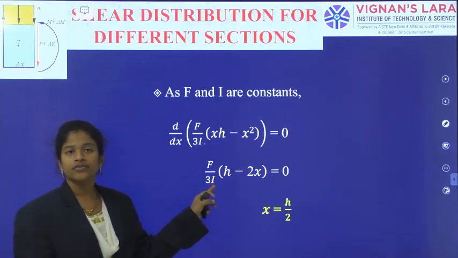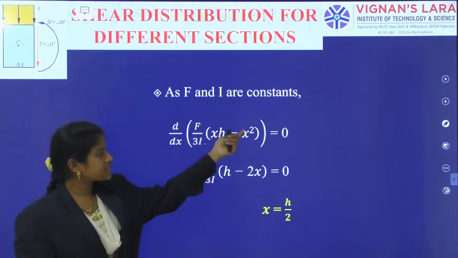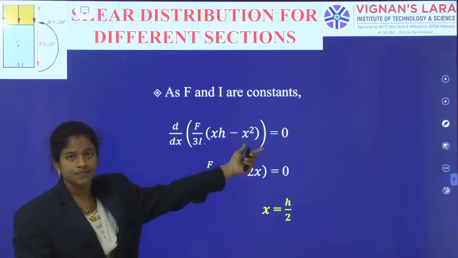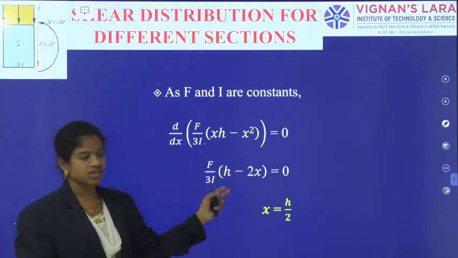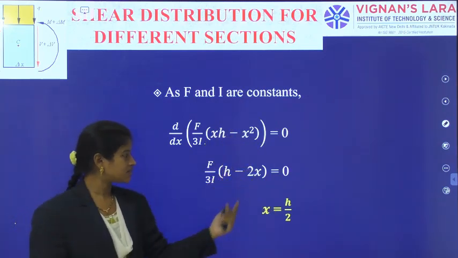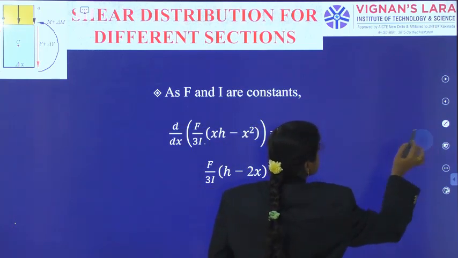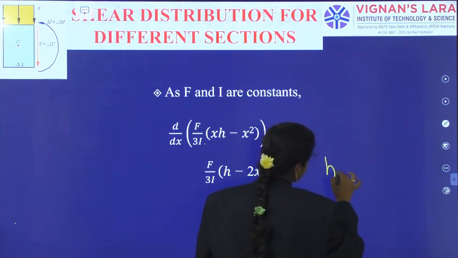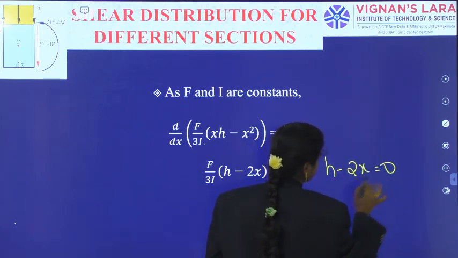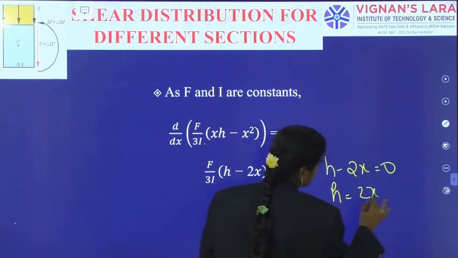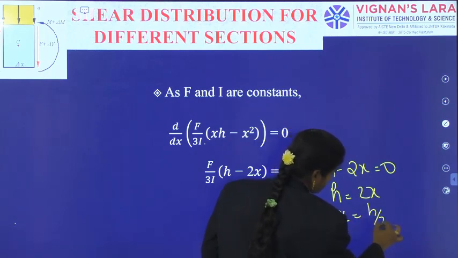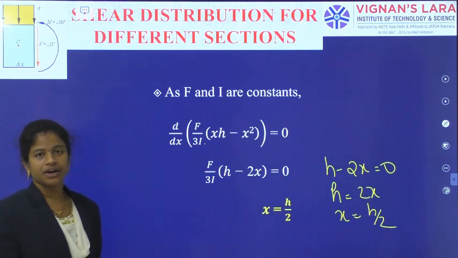It is just a coefficient value, f by 3i times (h minus 2x), and the multiplication is 0, so h minus 2x is equal to 0, and x is equal to h by 2.